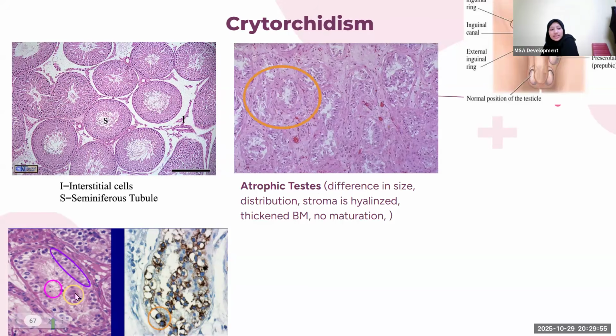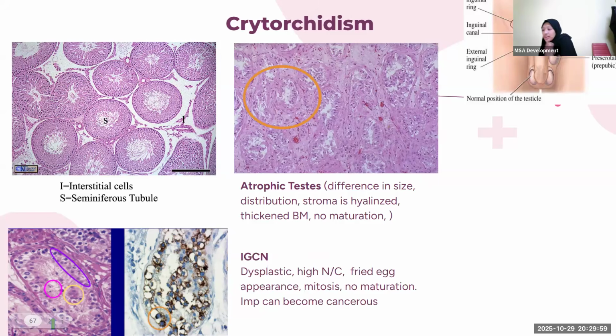So these abnormal cells here, this is an example. This is called intratubular germ cell neoplasia. So that is the first step towards cancer. Intratubular means still inside the seminiferous tubules, but they are cancerous.